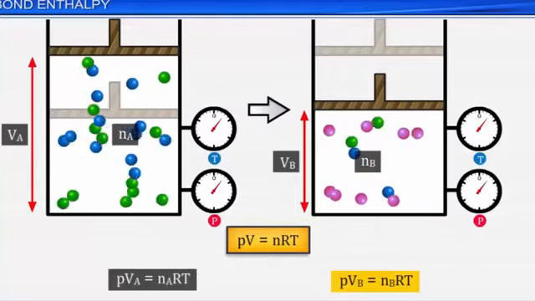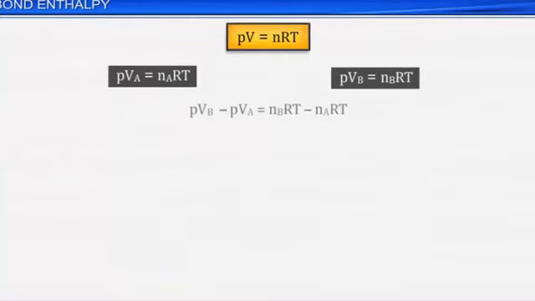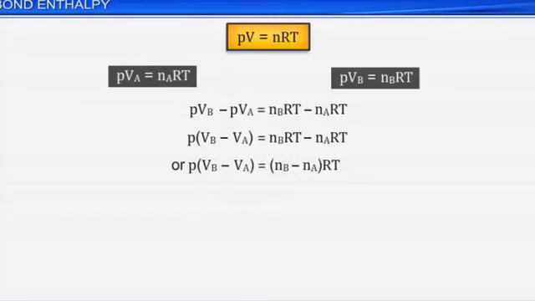Thus, PVB − PVA = nBRT − nART, or P(VB − VA) = (nB − nA)RT. That is, pressure P multiplied by change in volume, ΔV, equals change in number of moles of gas, Δn, times RT. Note that Δn is the number of moles of gaseous products minus number of moles of gaseous reactants.